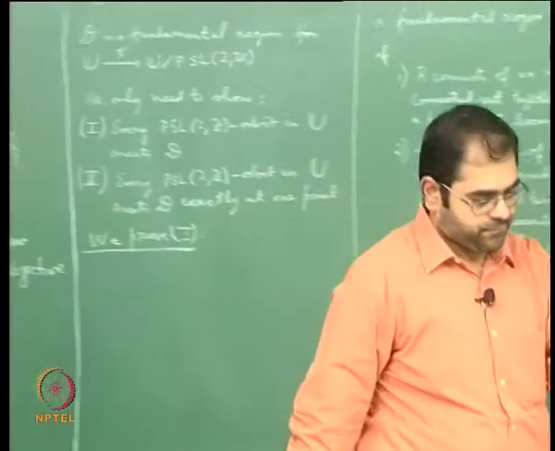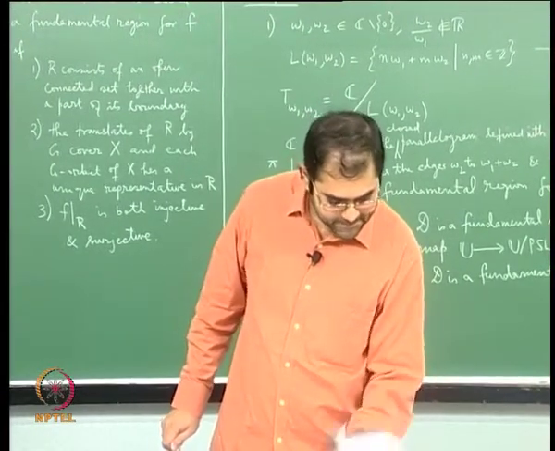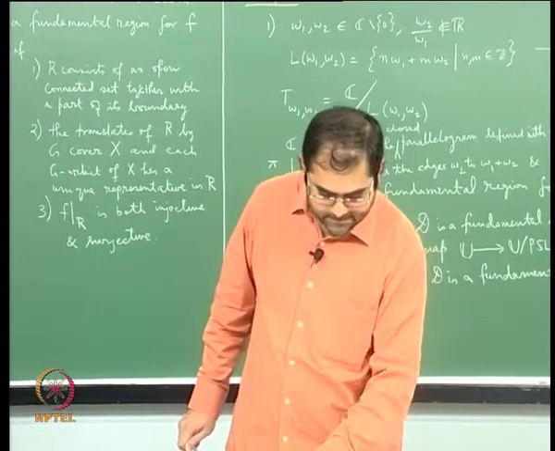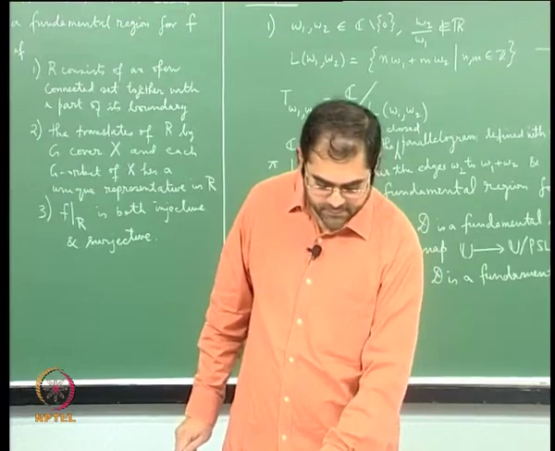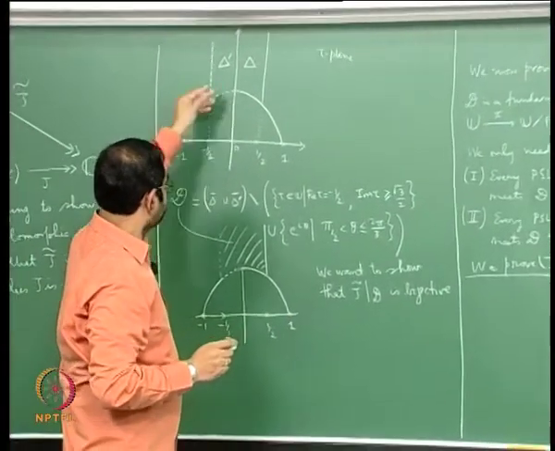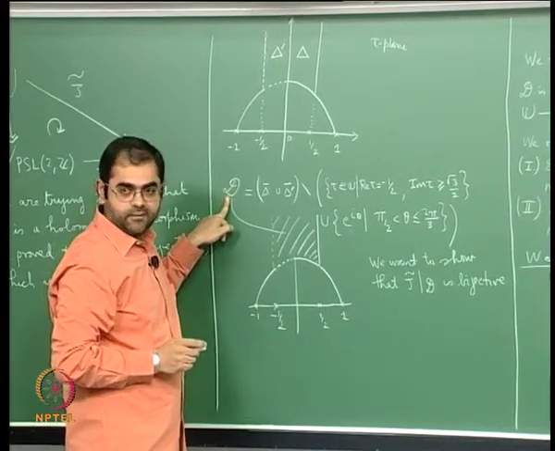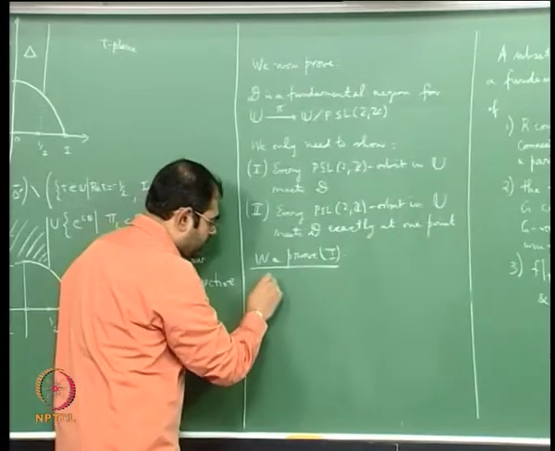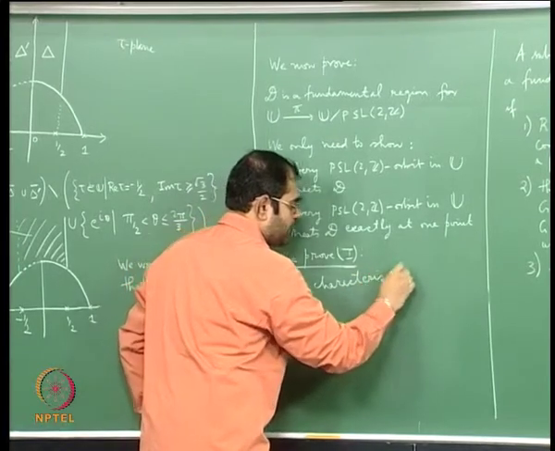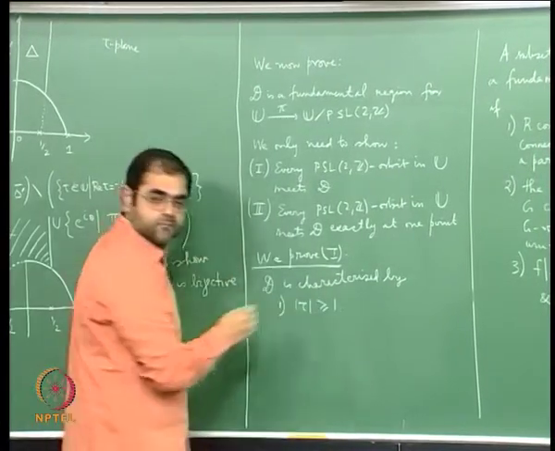For this we will have to again go back and take a small detour into some properties of the lattice. So first of all, let us write out what are the conditions that characterize a point of D. D is characterized by number 1, mod tau is greater than or equal to 1.